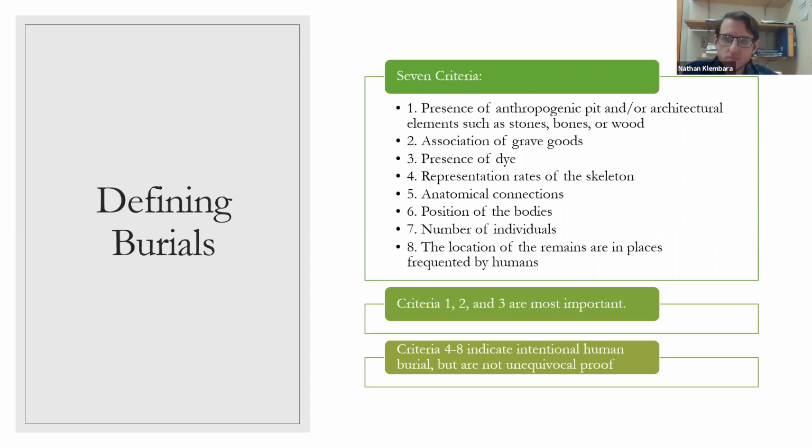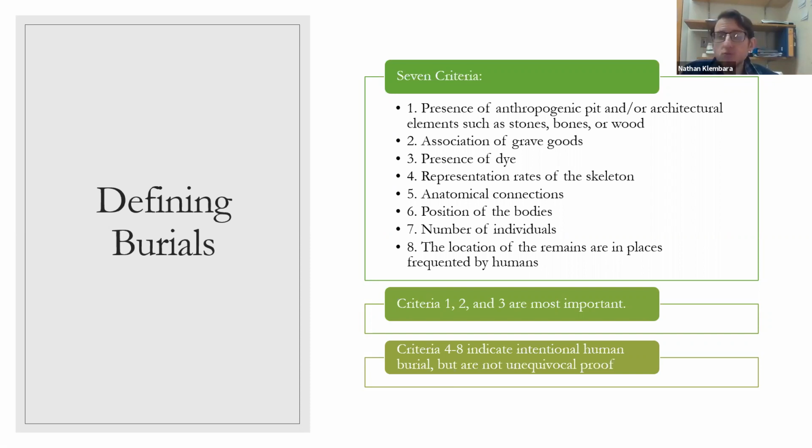Number 2 is that the individual is associated with grave goods, so that there are important objects being buried with the individual that were either important to the person in life, or, think of the pharaohs and the pyramids, things that will be important to them in death.